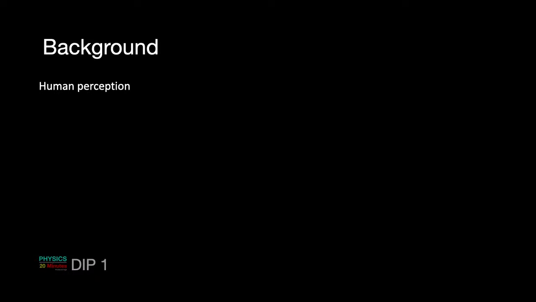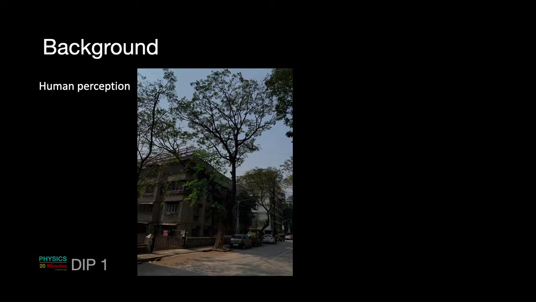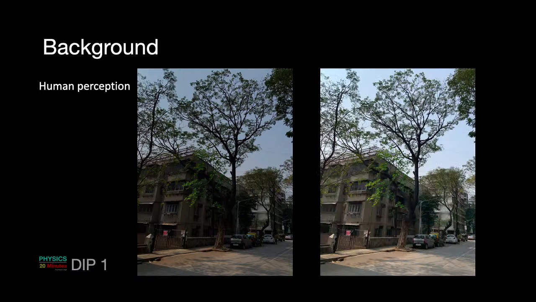For example, if I have an image over here, now it is a decent image, but can I make it more aesthetically pleasing? Answer is if I make some changes here and there, maybe yes. I can change the brightness, I can change some other parameters, and you can see that the right hand side image is more aesthetically pleasing than the left one.